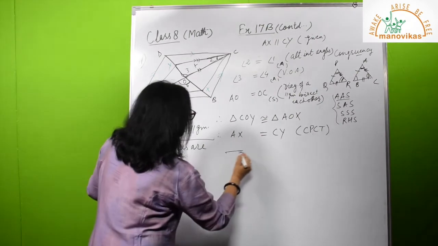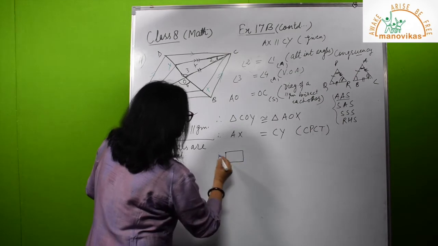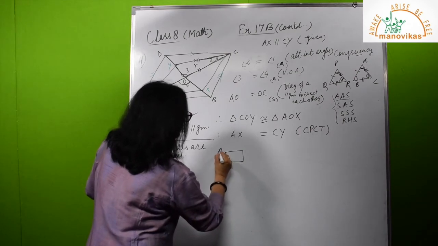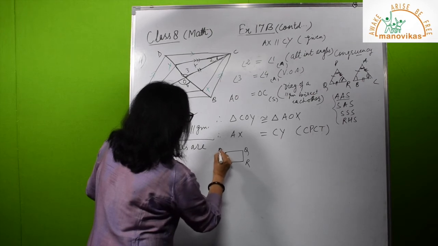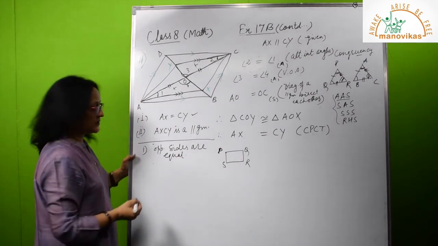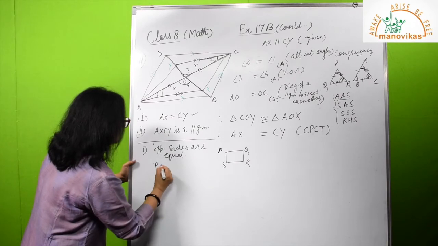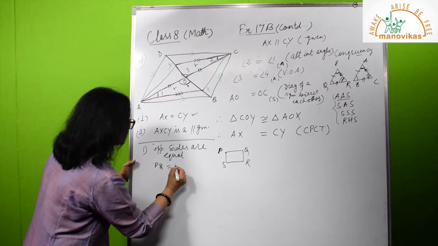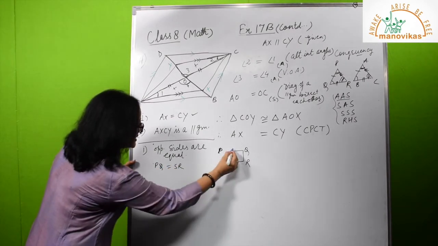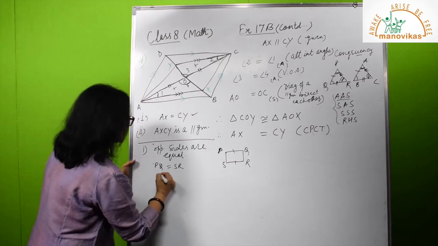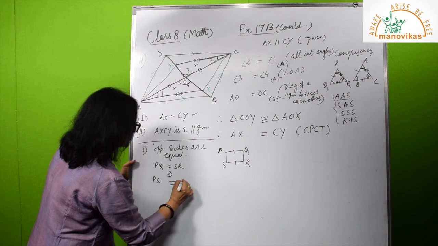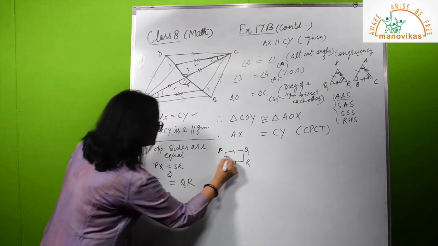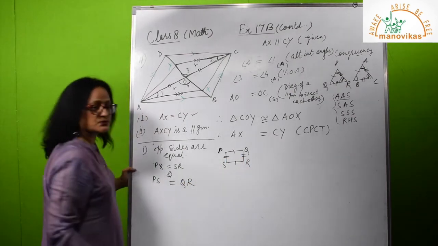If I take a quadrilateral here, PQRS, suppose this is a quadrilateral. You have to prove it is a parallelogram. So either PQ is equal to SR, this side equal, and PS is equal to QR. This side should be equal to this one.